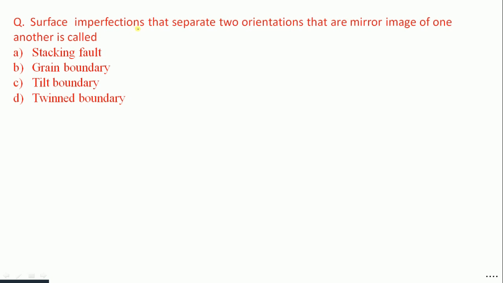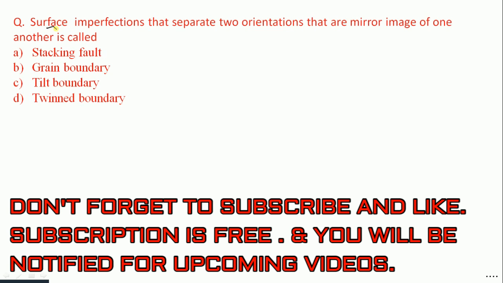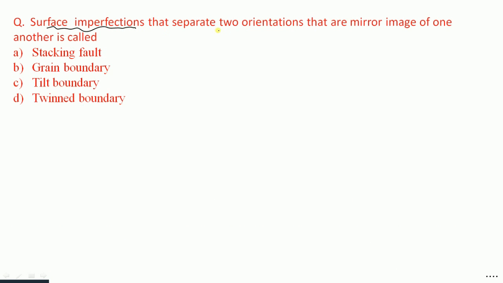Surface imperfections that separate two orientations that are mirror images of one another are called stacking fault, grain boundary, tilt boundary, or twin boundary. They are asking here about a surface imperfection that separates two orientations that are mirror images of one another.